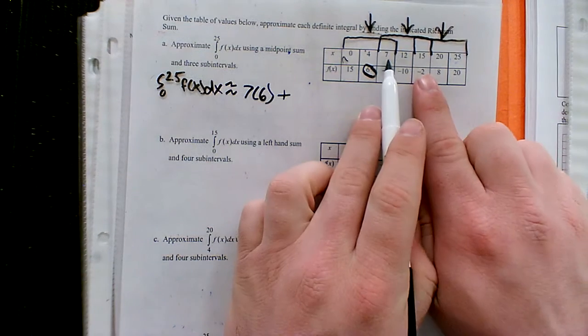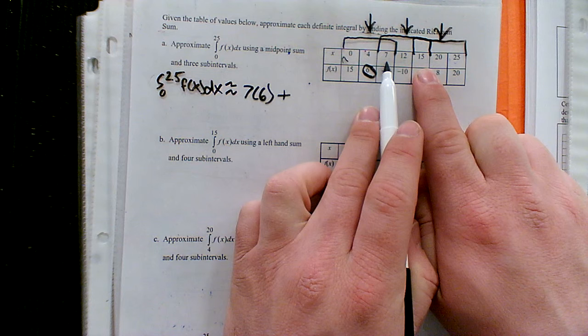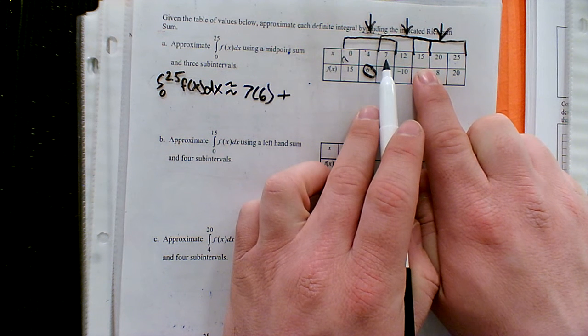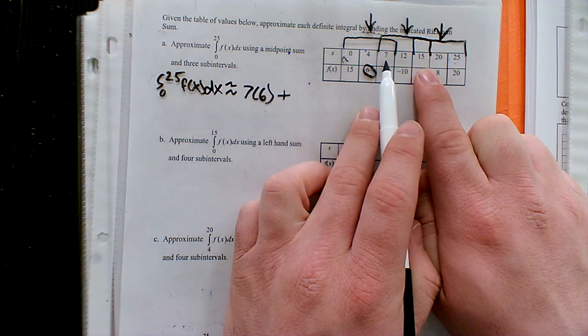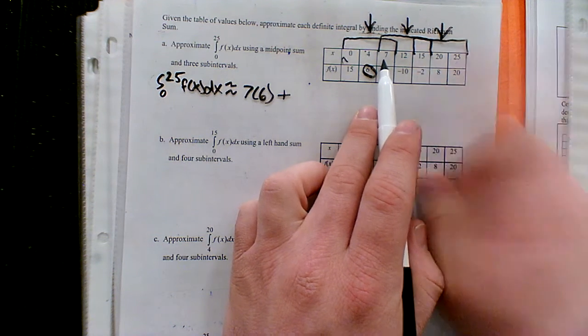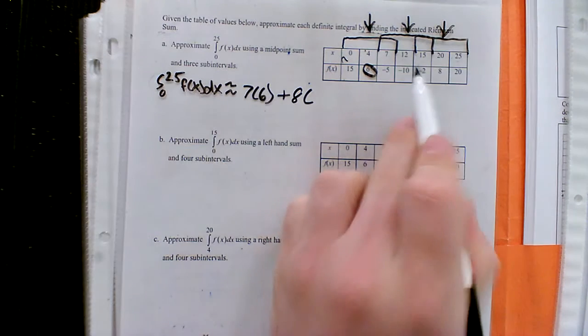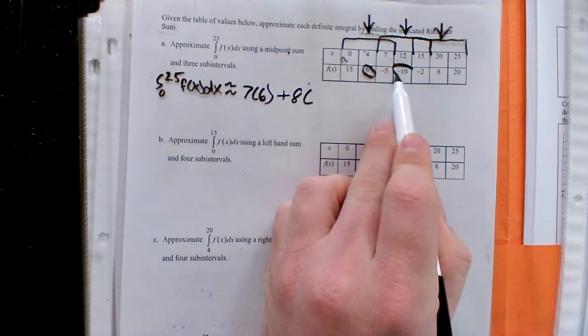So if we look at the next rectangle, we go from 7 to 15. So what is the height or the length considered of that rectangle? From 7 to 15. 8. It's 8 wide. Okay? And again, look at the midpoint. You calculate, but we don't have to.